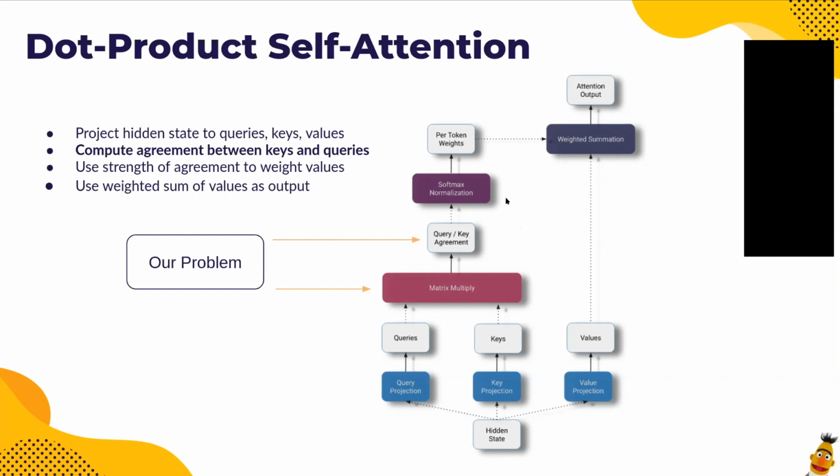Then we normalize these values and we use them to weight the values that were projected out from our hidden state. And the problem we're going to be focusing on today is this matrix multiply and this large attention matrix. Because as our sequences scale in length, it's these two steps that become particularly problematic in our network.